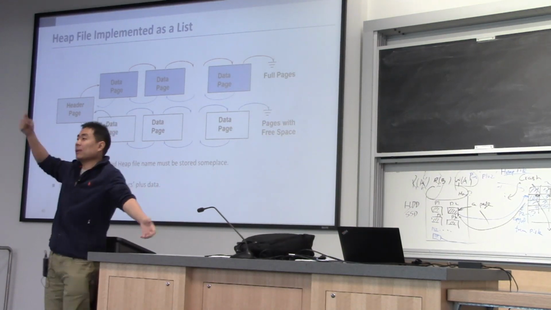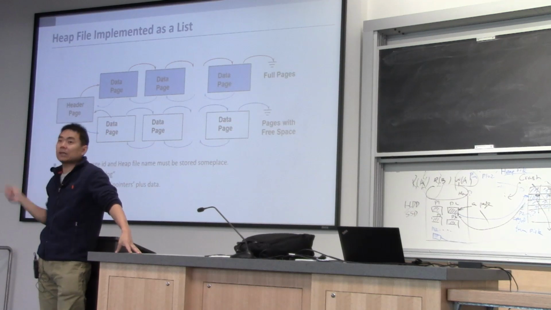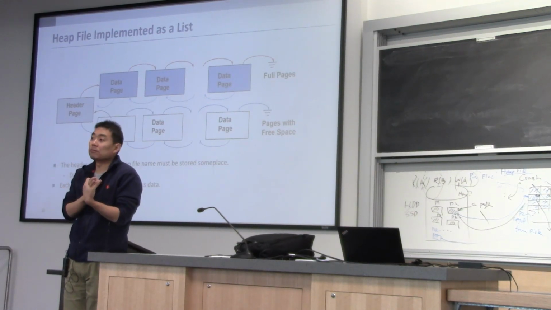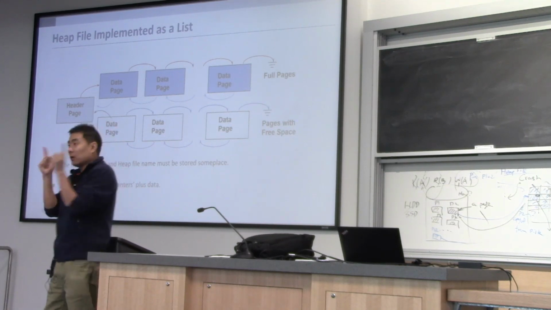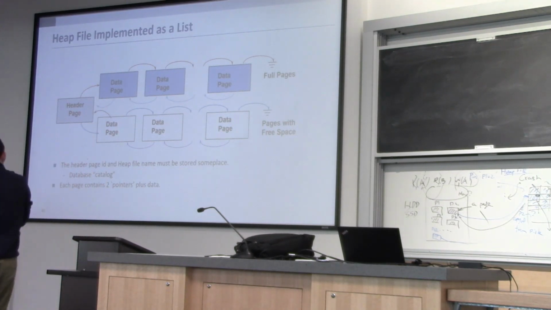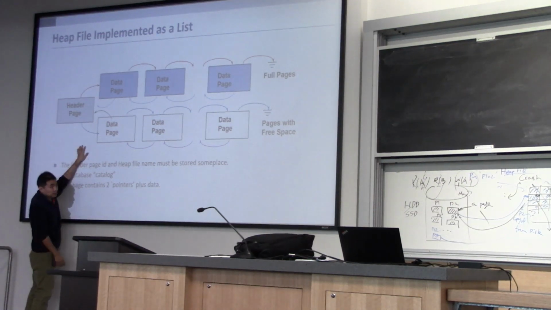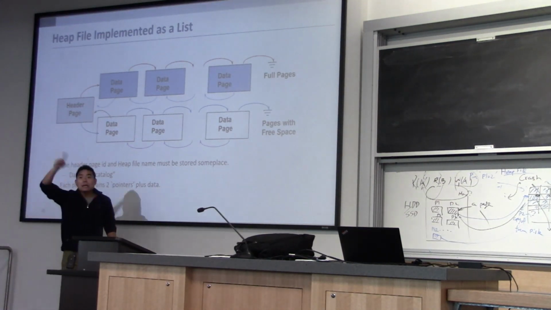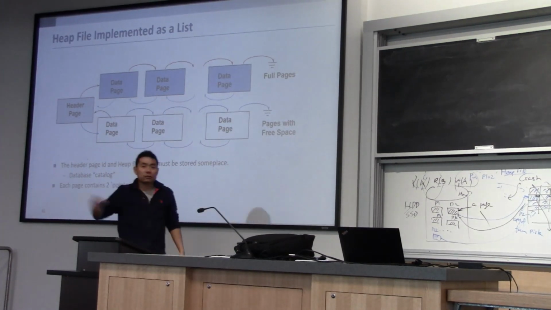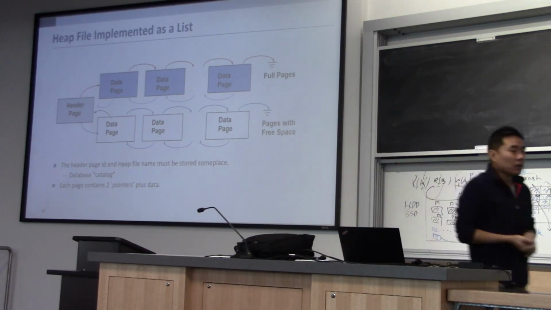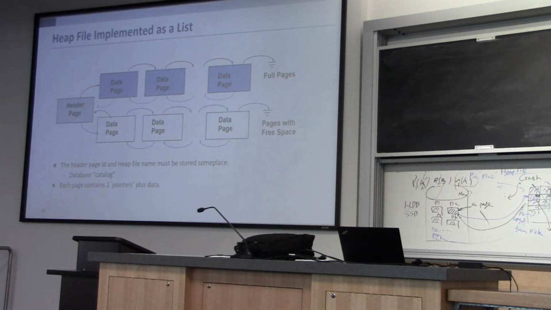But somehow these pages need to be logically linked together so that you know they are from the same table. That logical organization is called a heap file. And the basic idea is as follows. You have a header page, then you have linked lists of these pages. And you differentiate two types of pages: those pages with no free space left, and those pages with free space left.